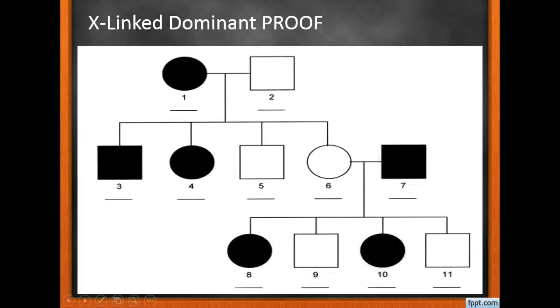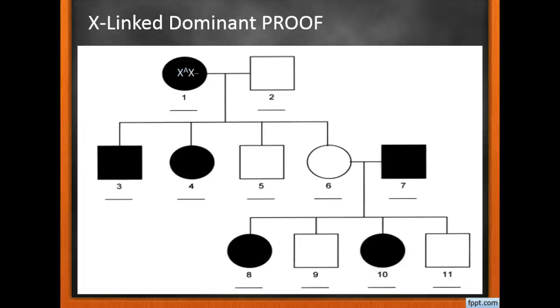Alright, let's do the X-linked dominant pedigree proof. Remember that all the males will only have one allele because their second chromosome is a Y, which will be passed from their father. So all females will have 2 chances, there are 2 alleles, and all males will have 1.